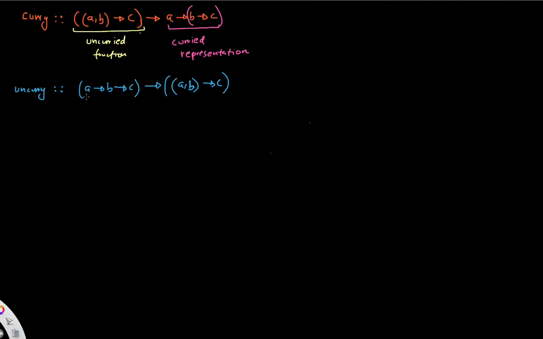So you can think about this piece over here as our curried function, and you get back as an output something that happens to be the uncurried representation of that function.